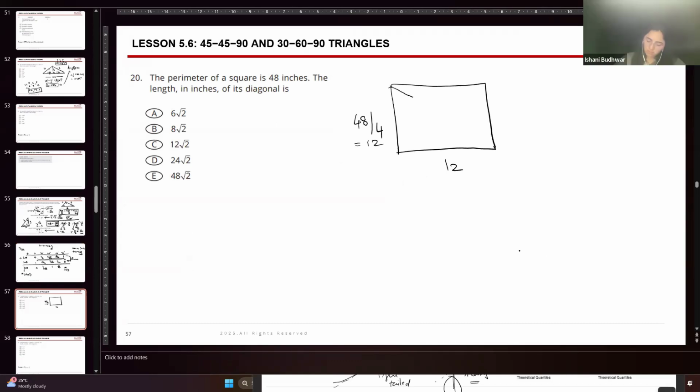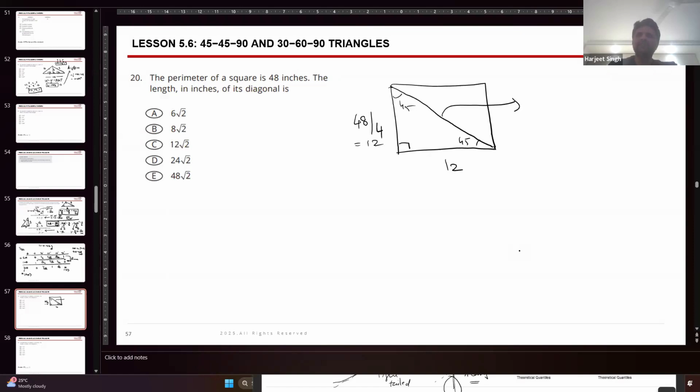And they're asking what is the length of the diagonal. Can I say this is a right angle triangle with 45, 45 degrees? It's a square. So I can use the Pythagoras theorem and I can get root of 12 square plus 12 square, which is 12 root 2.